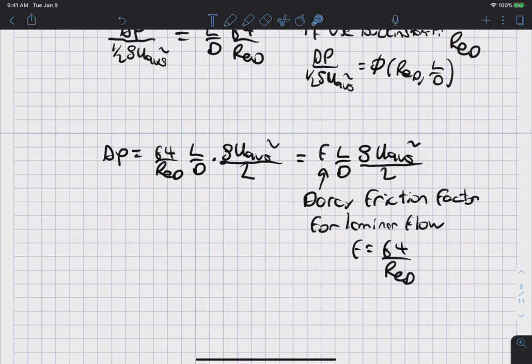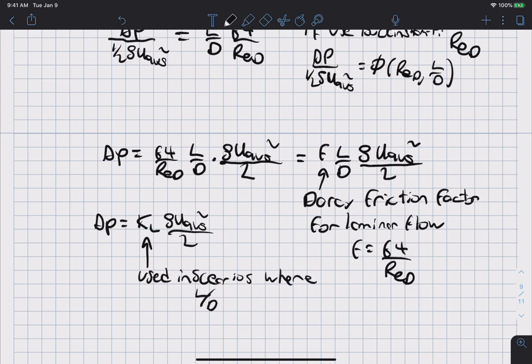And we will also use this form for turbulent flow in the pipe. It's just that you have a different Darcy friction factor. Also, delta P is sometimes written as, and we will use this for the minor losses, equals K_L times rho U averaged squared over 2. And this is used in scenarios where L over D doesn't make sense.